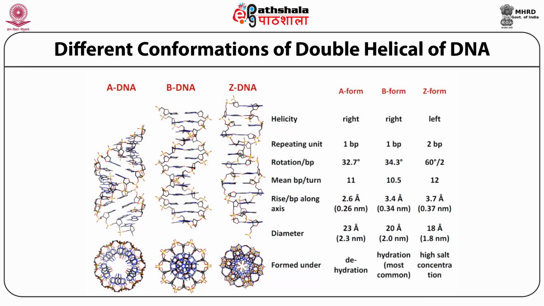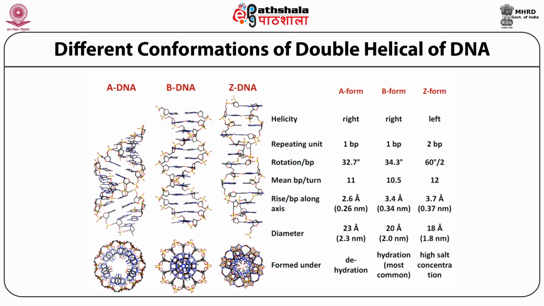So now we know three different structures of DNA: A, B and Z-DNA. You can see on your slide the side view and top-down view of these secondary structures. A and B have right-handed helicity, but Z has left-handed helicity.